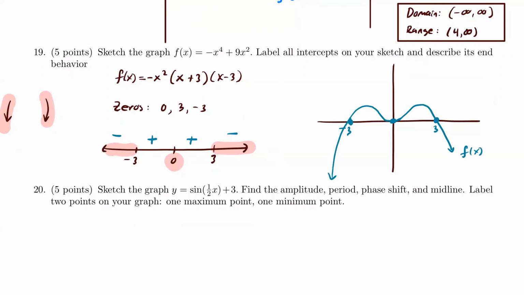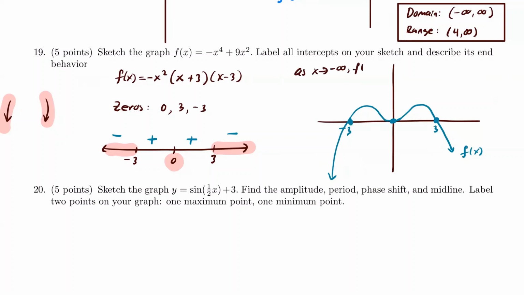All right, so let's go ahead and describe them. So the end behaviors are right here, which we did earlier in this problem. So let's start with as x approaches negative infinity. We can say that as x approaches negative infinity, the graph is going downward.